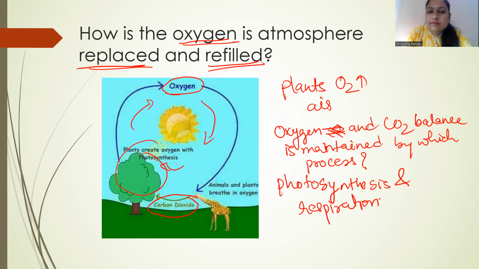In this manner, the oxygen and CO2 balance is maintained in the air by the process of photosynthesis and respiration.